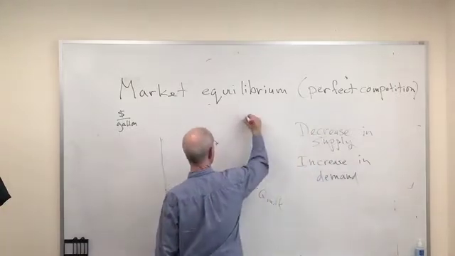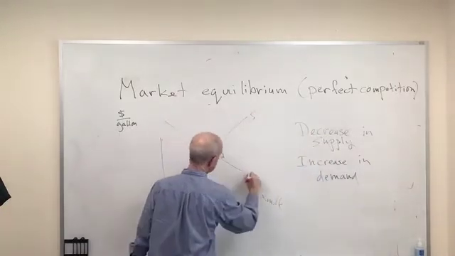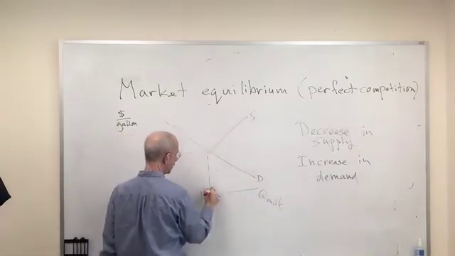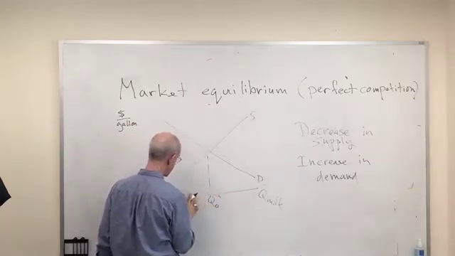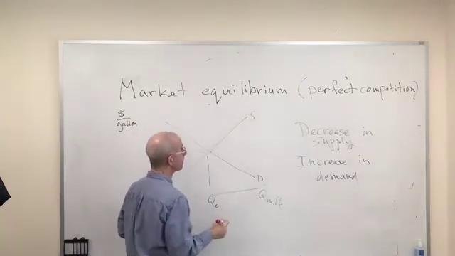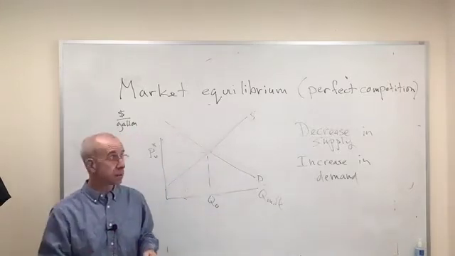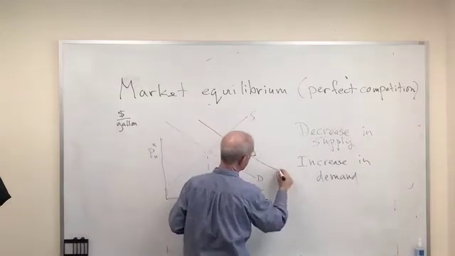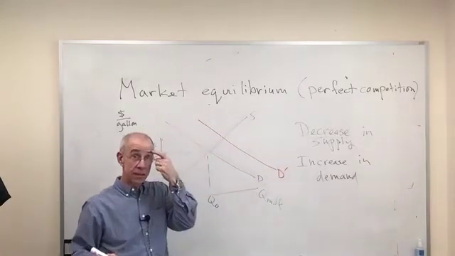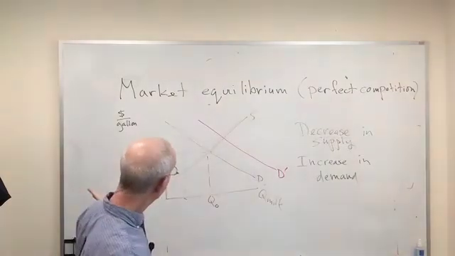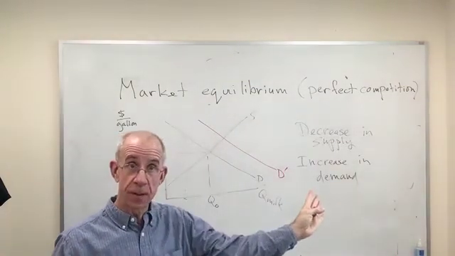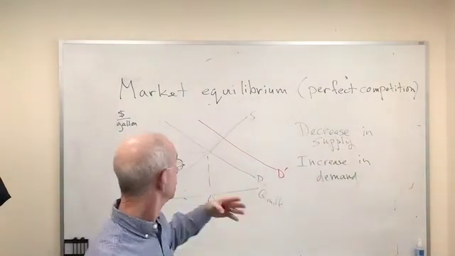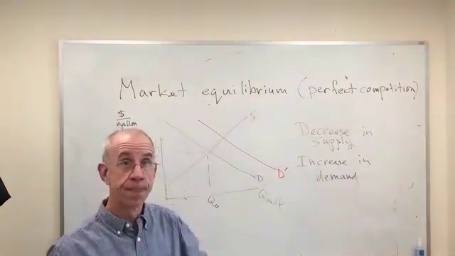Okay, you've got supply, you've got demand, there's the equilibrium price, equilibrium quantity, supply and the demand for milk, and now we have an increase in the demand. Now when I say increase in demand, that denotes a shift in the demand curve. At any price, you will be willing to demand more.